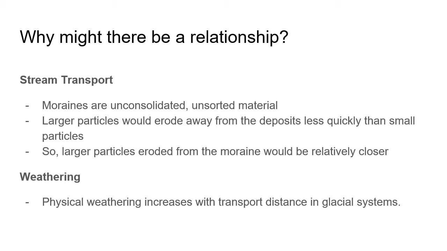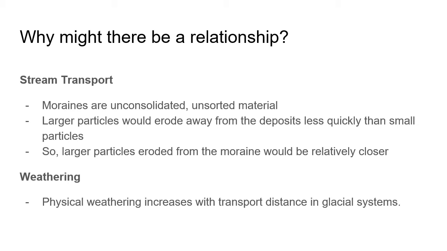So why might there be a relationship here? The first is that stream transport results in kind of sorting out these materials. Because moraines are these unconsolidated, unsorted material, larger particles are going to erode less quickly than the small stuff. So these larger particles would be closer to these moraines still.